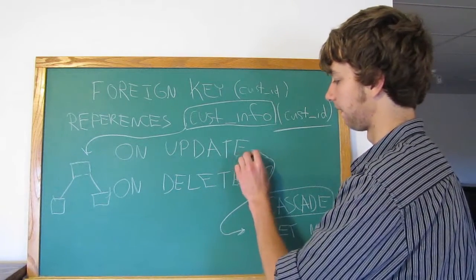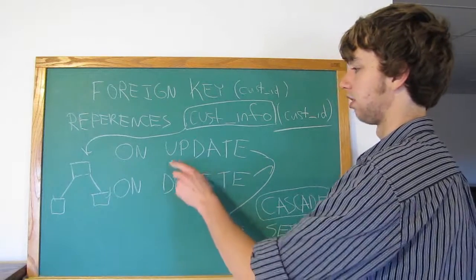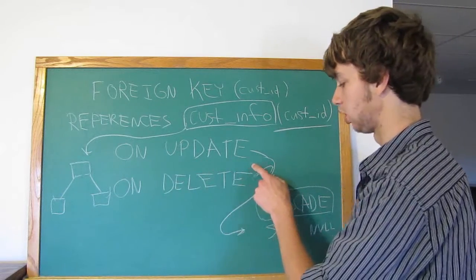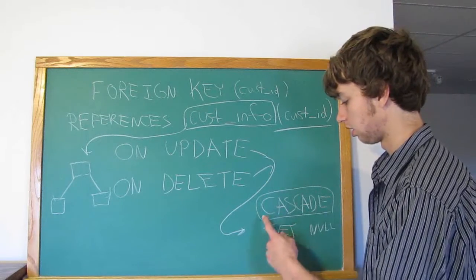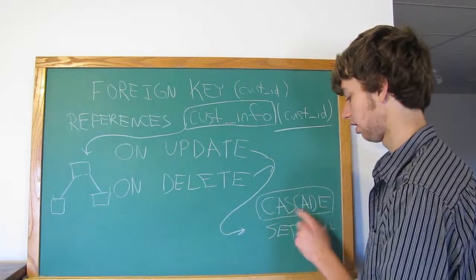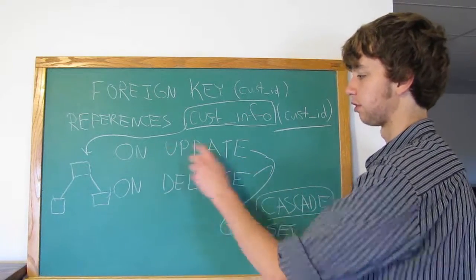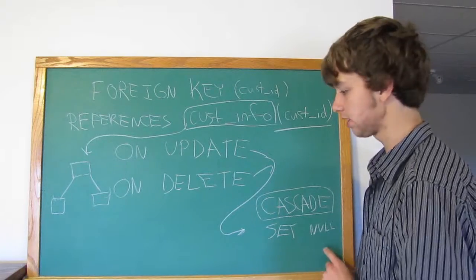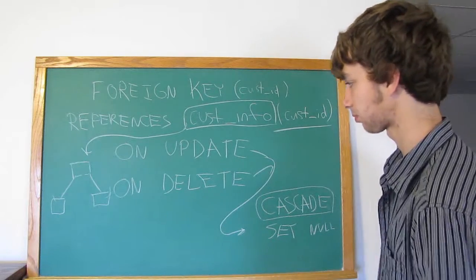So now which one points to what? On update, let's say you update it and you want it to also update in the children tables, then you would use cascade. And if on update you want to set everything else to null that you've changed, then you would use set null.